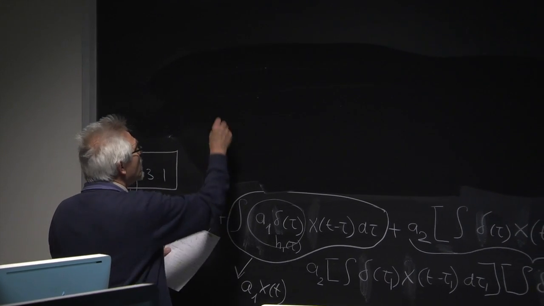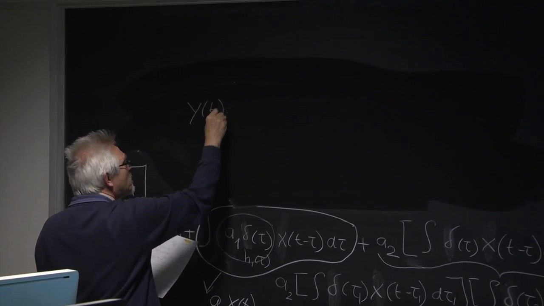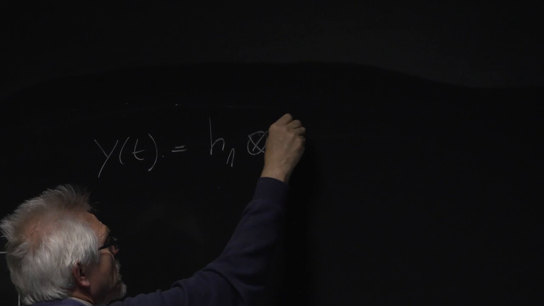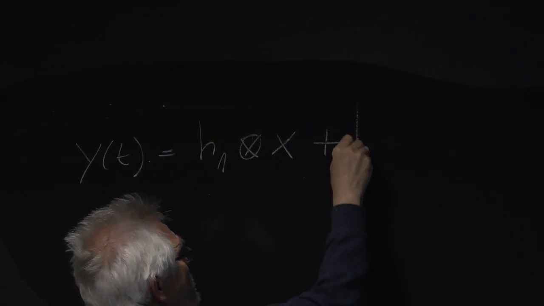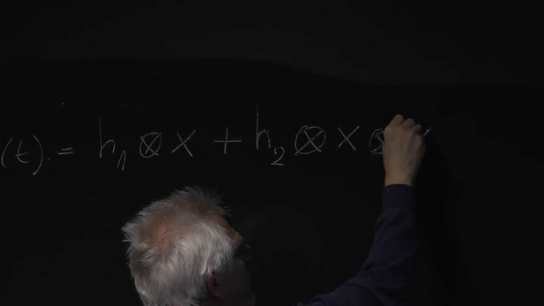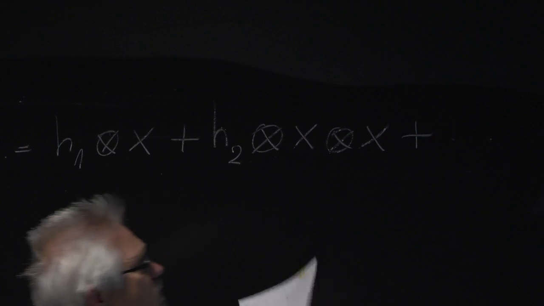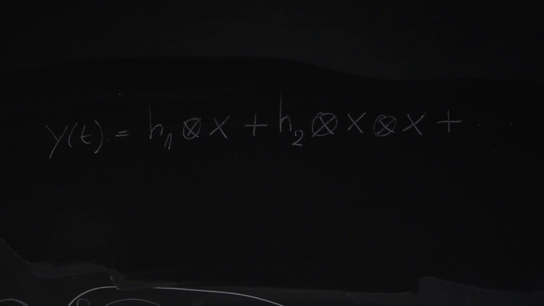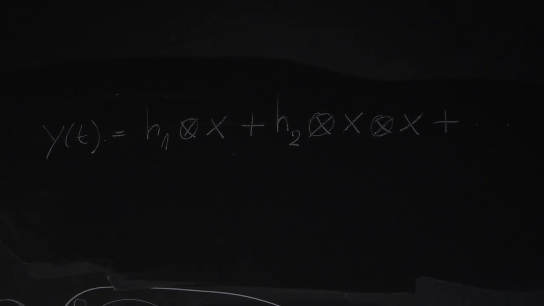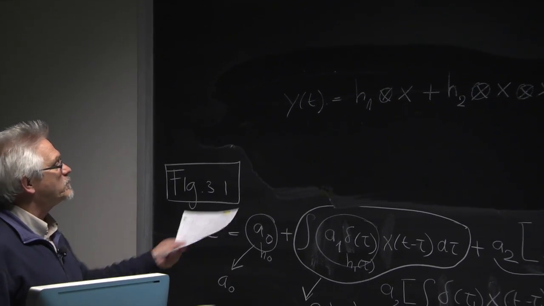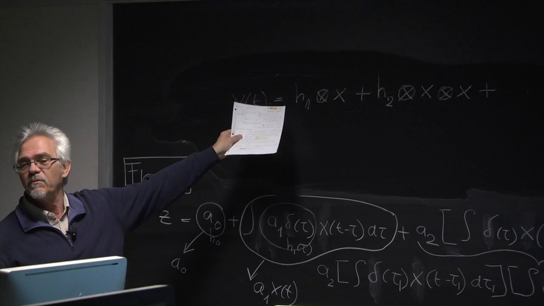You could, for instance, say, well, I'm going to write my output as, and then I'm using this symbol, this X in the circle, to indicate convolution-like operation. And then I just go on until I'm done with my term. So in this case, I have written down a first and a second order term. Of course, if I wanted to have a constant, I would have had an H0 here as well.